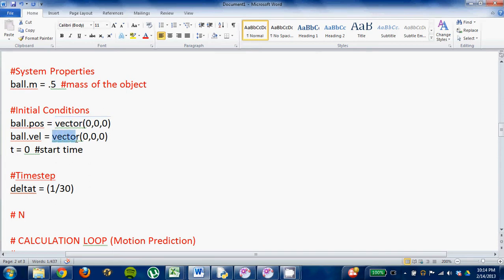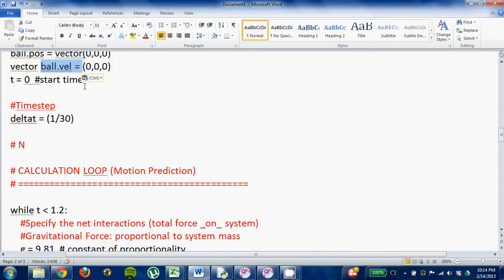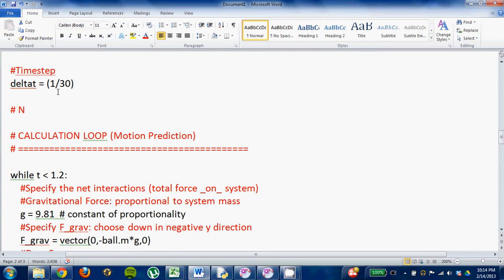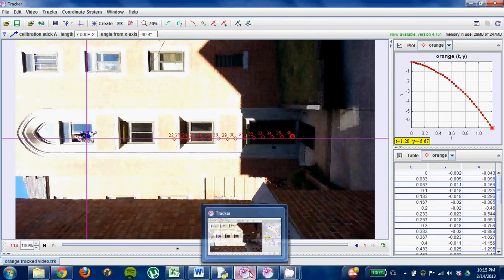And because it's starting from rest, I also have the initial velocity as 0, 0, 0. Now my start time was also 0 because I chose to do that, and the time step I used to advance it was 1/30 seconds. The reason I did that is because Tracker, where it captures between each frame, is 1/30 seconds. So I did that so the time intervals would match up.